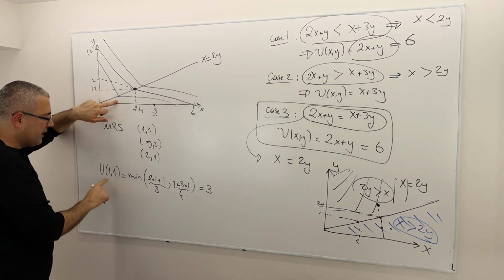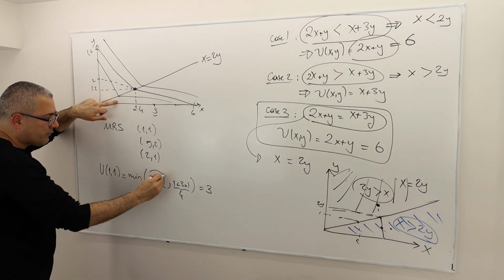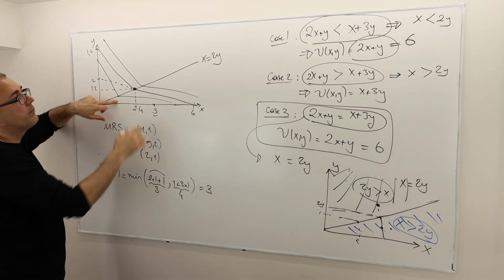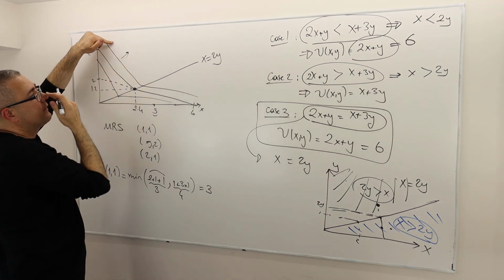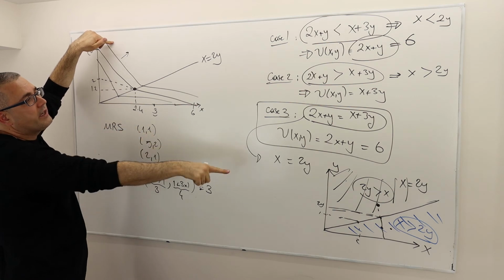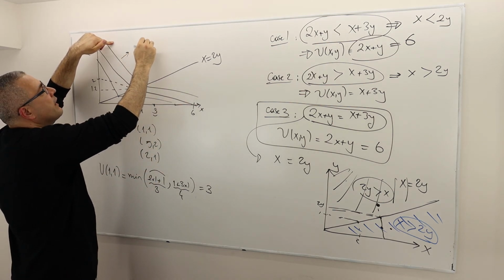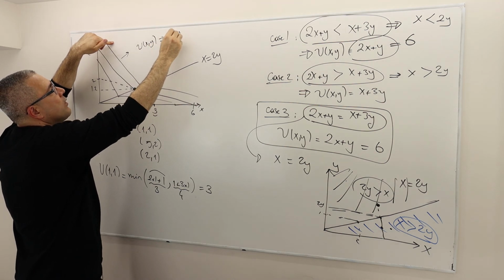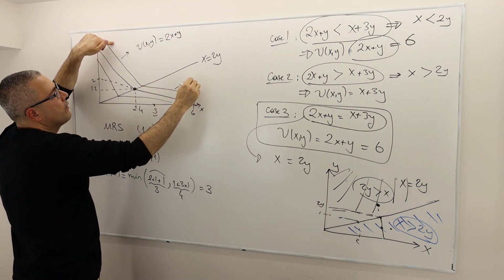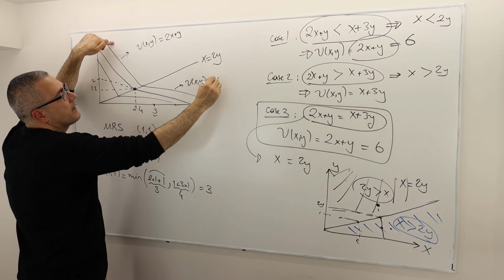And when you see this, the 1, 1 point is located on, by the way, let's put here, this is 2y greater than x. So this is u of xy equals 2x plus y. And this is where u of xy equals x plus 3y.